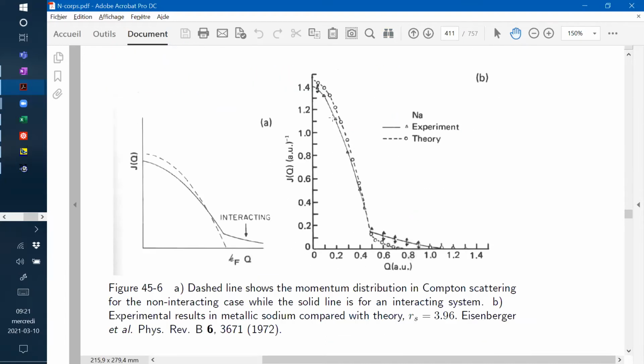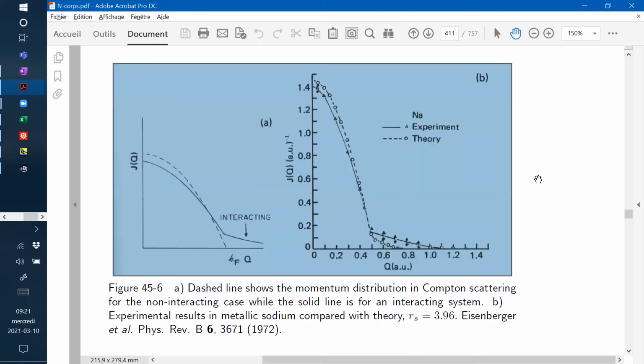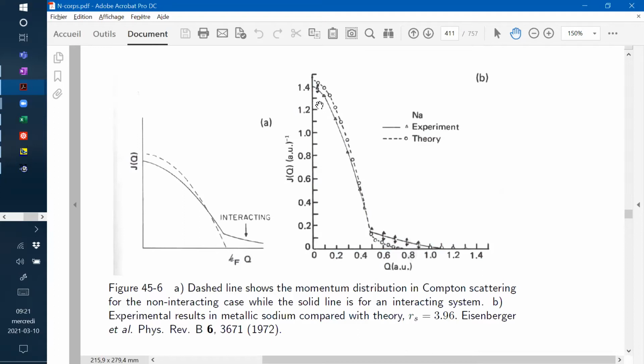And this is the experiment. And the experiment is done for sodium. And now this is not the non-interacting case. This is really comparing theory and an experiment. And the result is not great here. But what's important is that there is indeed a jump, not a change like predicted here.